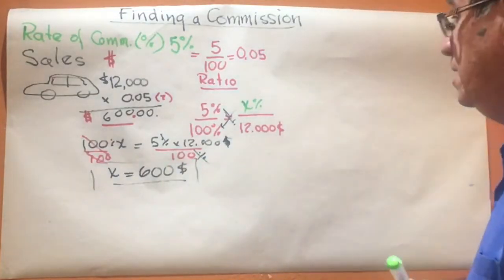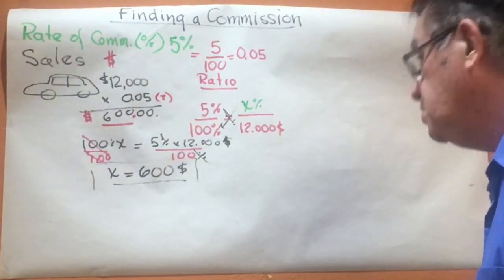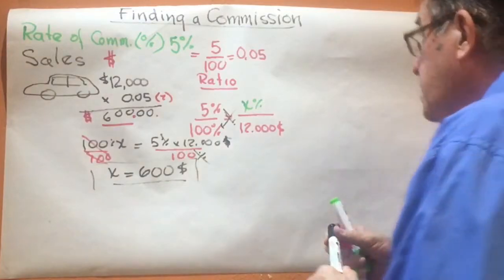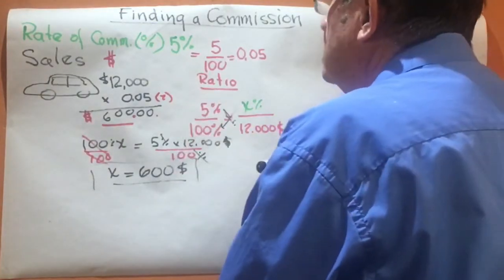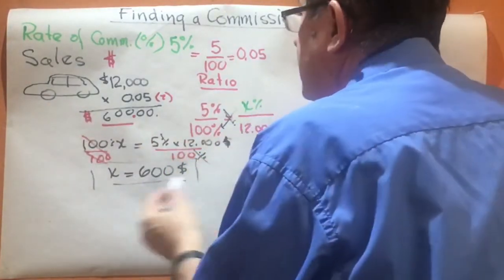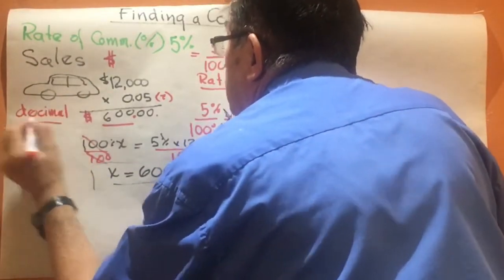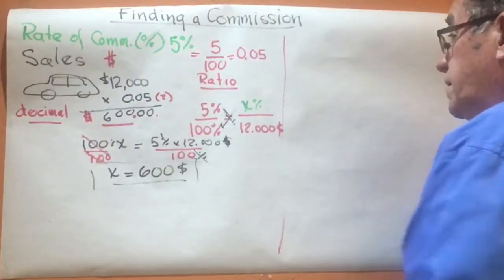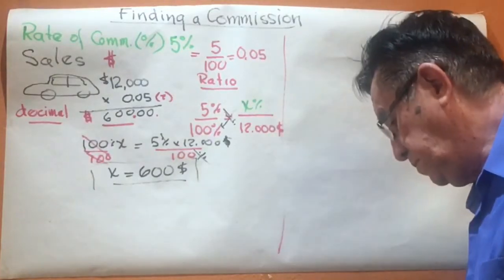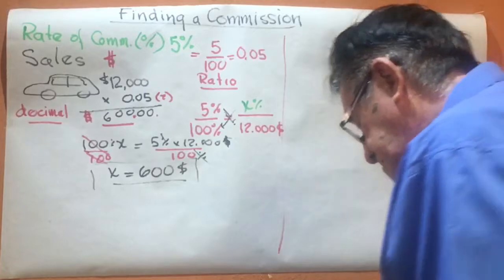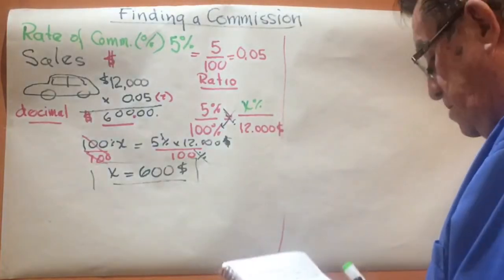This is the way you can find a commission by the ratio method and also by the decimal method. Okay? Very good. Do we have any questions? I hope not. Well, we need to do another exercise.